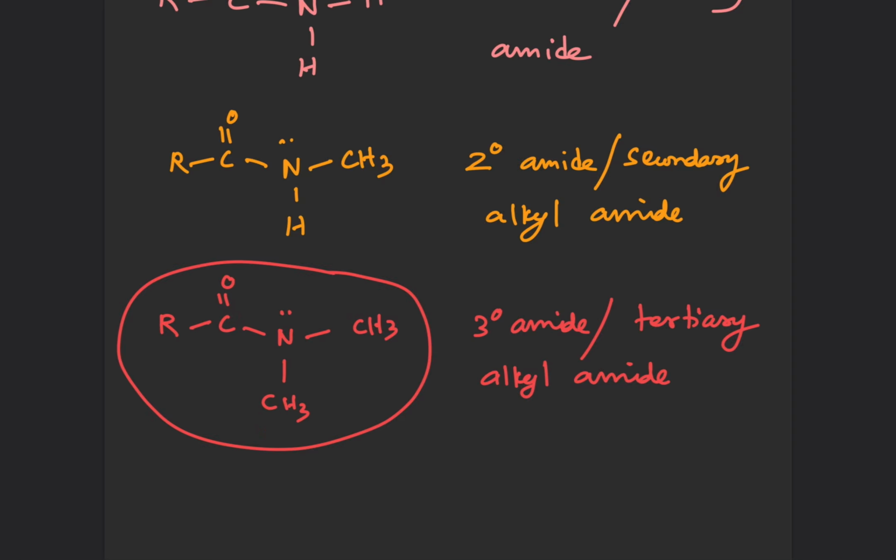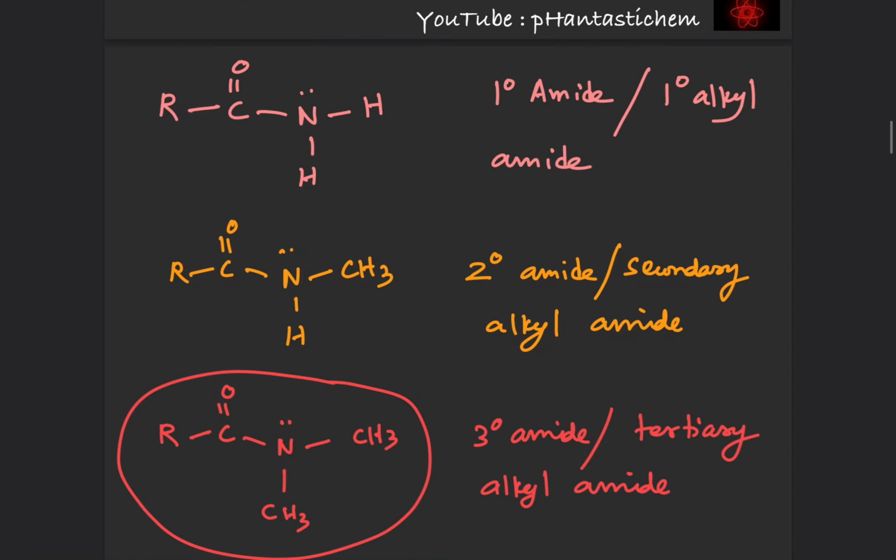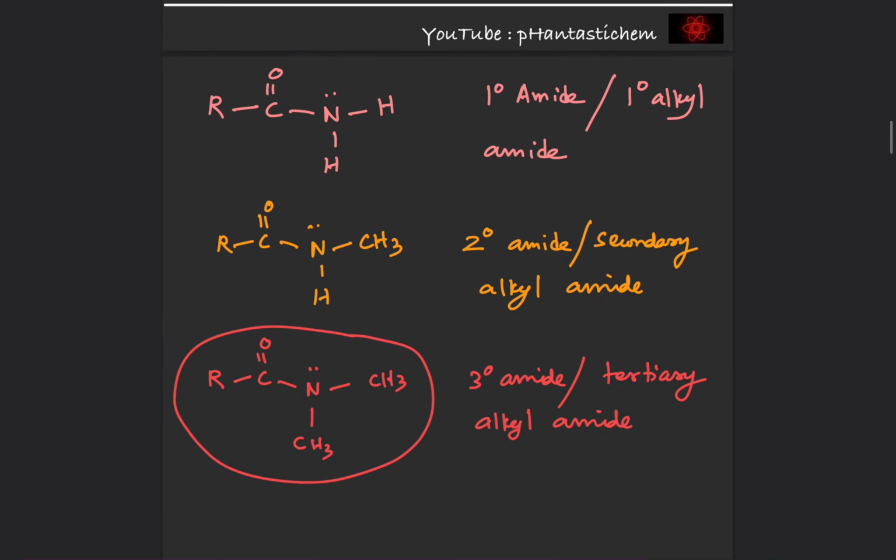Therefore, statement B, which says that Hoffmann bromamide reaction is not given by alkyl amides, is false, because there are three categories of alkyl amides, which we just saw. This is the first category, the 1-degree alkyl amide. This is the second category, the secondary alkyl amide. This is the third category, the tertiary alkyl amide.